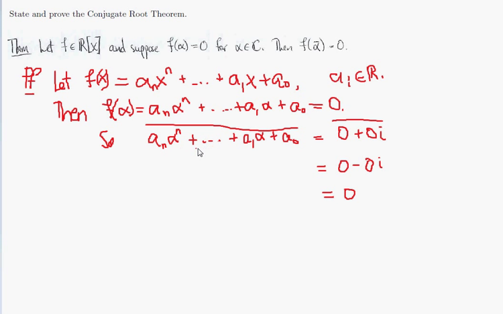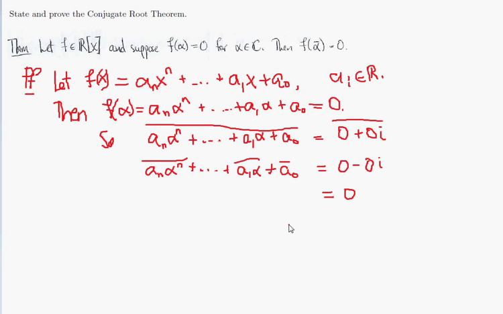Okay, on the left-hand side, we have a theorem that says, from the previous review, that if I have the sum of a bunch of complex numbers, the conjugate of the sum is the sum of the conjugates. So I can write this as a sub n times alpha to the n, conjugate, plus a sub 1 times alpha, conjugate, plus a sub 0 conjugate.